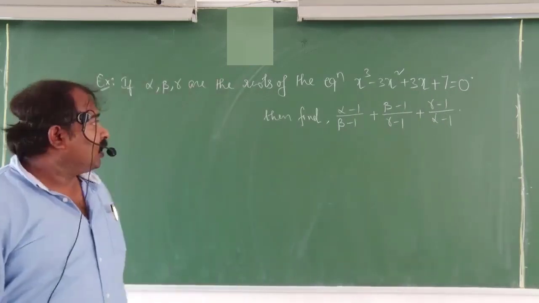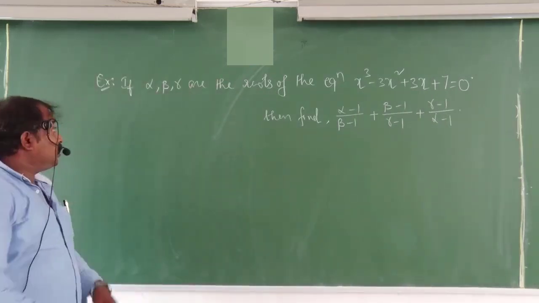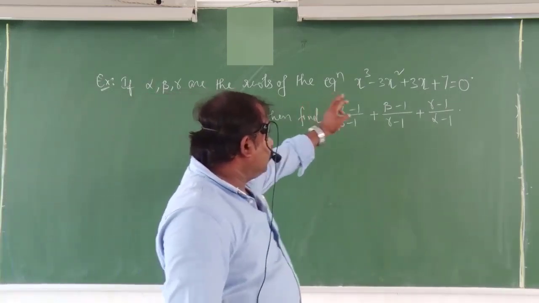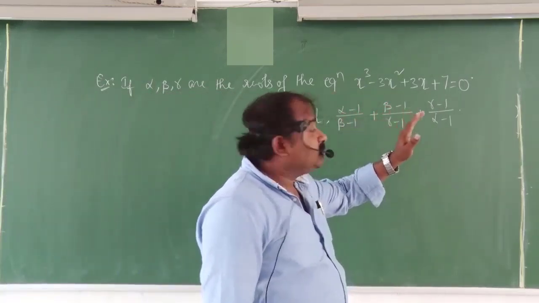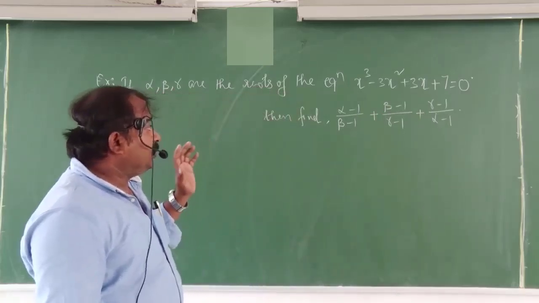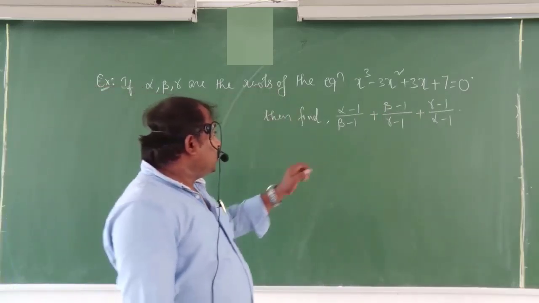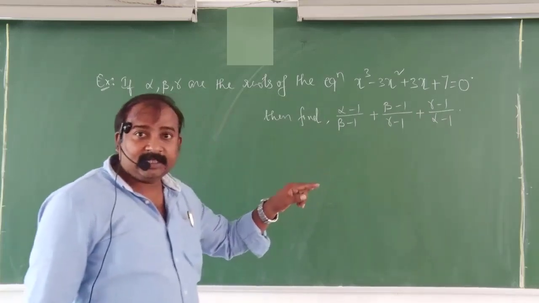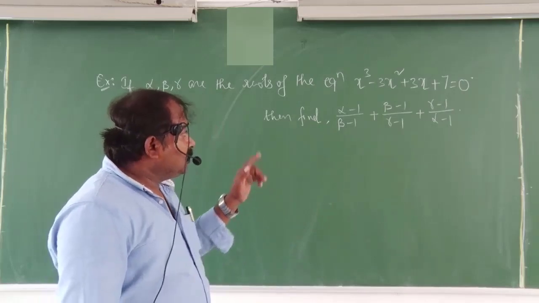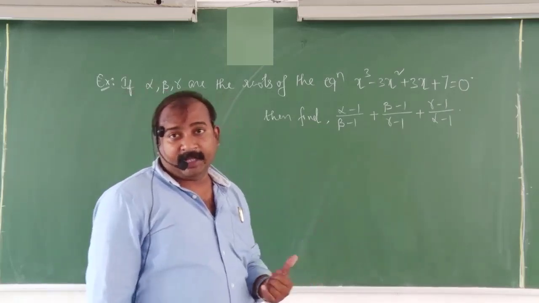If alpha, beta, gamma are the roots of the equation x cube minus 3x square plus 3x plus 7 equal to 0, then we have to find the value of alpha minus 1 by beta minus 1 plus beta minus 1 by gamma minus 1 plus gamma minus 1 by alpha minus 1.